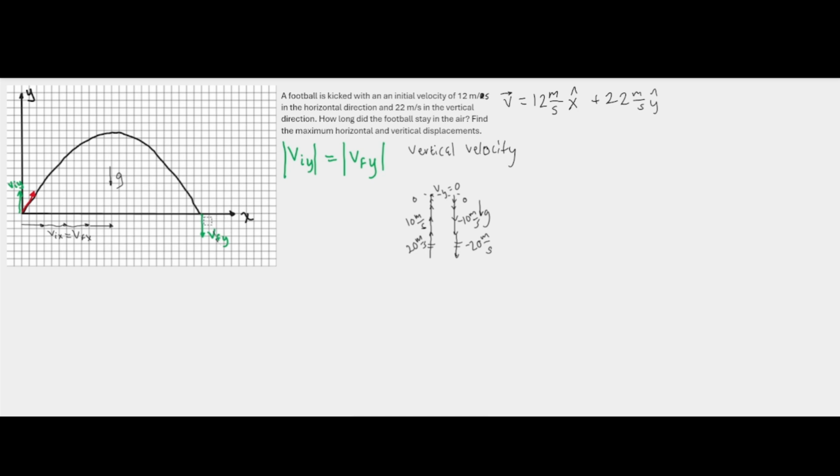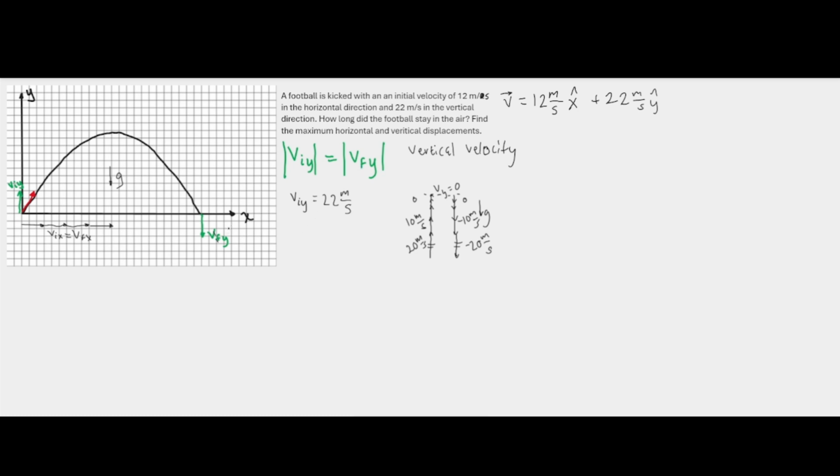But now let's solve this problem now that we have all these things that we've discussed. What is it that we know now? So we can say, well, if V initial in the Y direction equals the magnitude of V final in the Y direction, I see that it's equal to 22 meters per second.